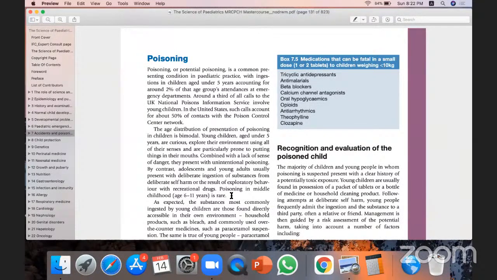And if in a family you have sudden infant death syndrome, you have to investigate for an inborn error or some other genetic disease.